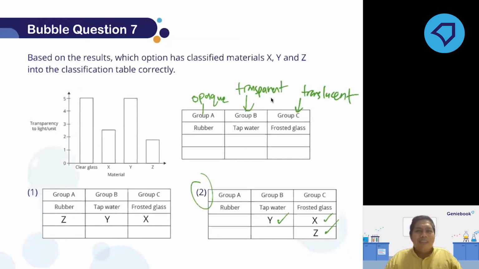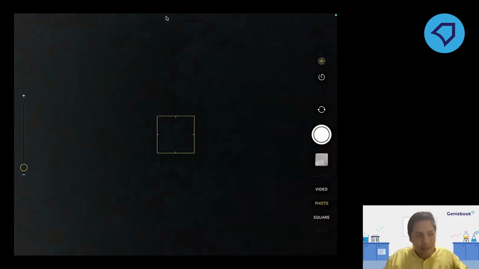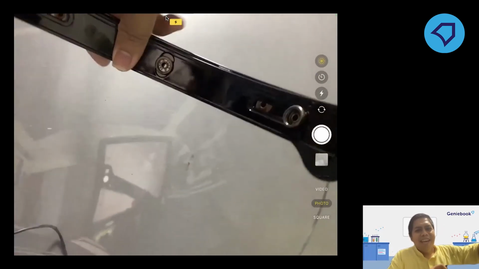Okay, for those who are staying back, let me quickly show you my experiment. Let me switch the screen. We'll start with this visor. This is a helmet visor from my motorcycle helmet.